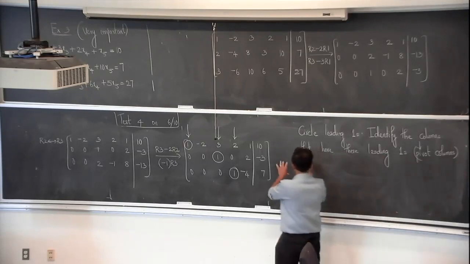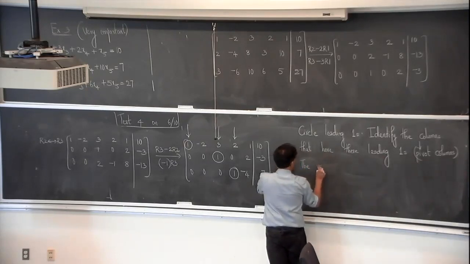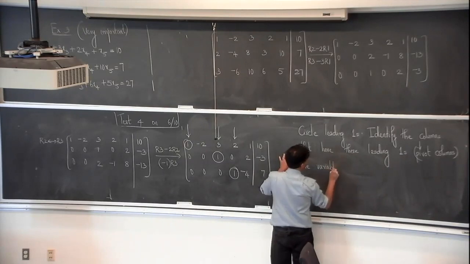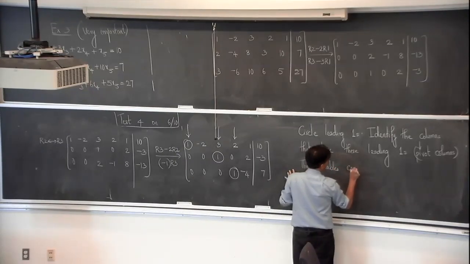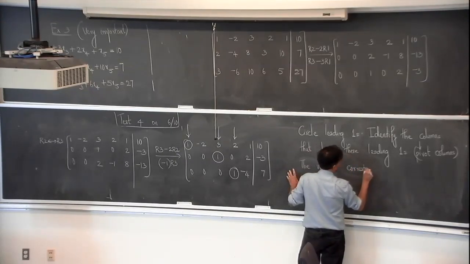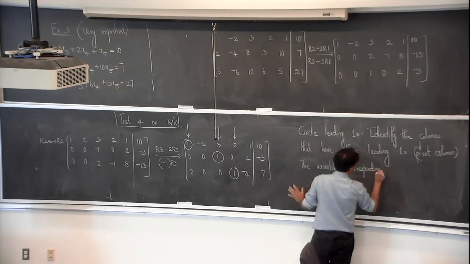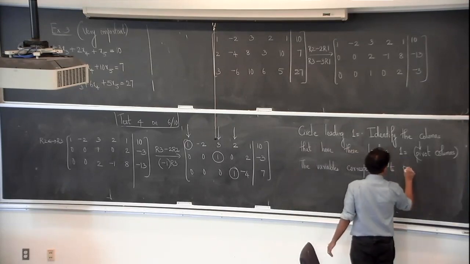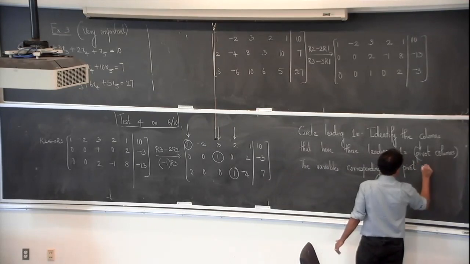The variables corresponding to the pivot columns are called the basic variables.